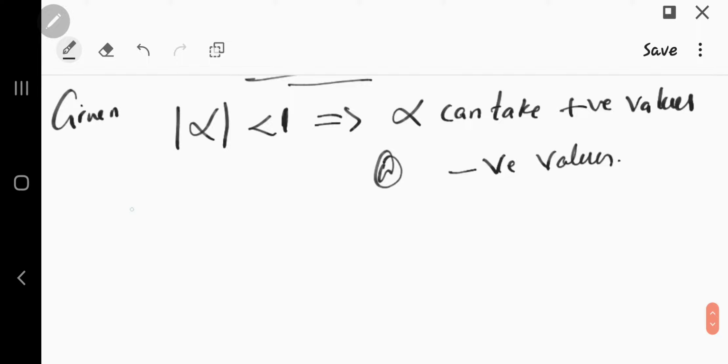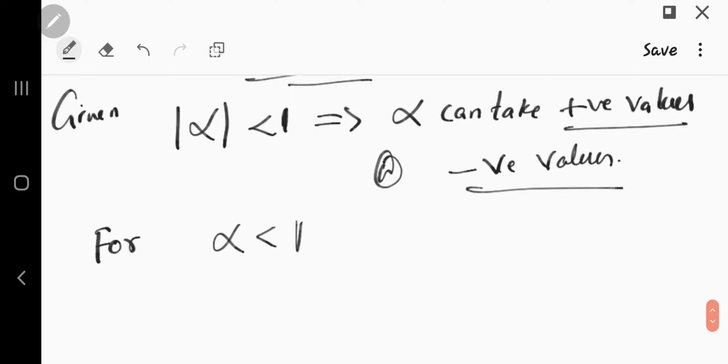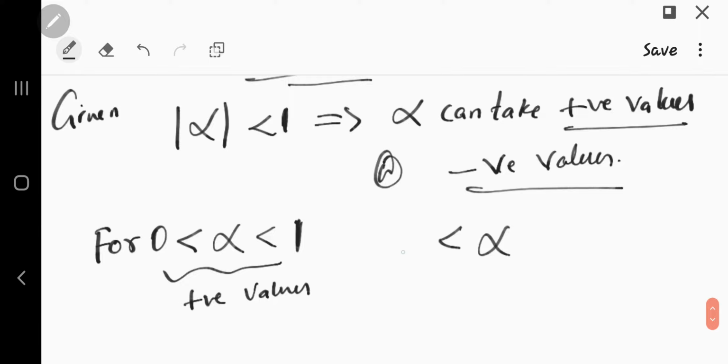So, we have to consider alpha for two different cases, one for positive values, another one for negative values. If you take the values for alpha as positive, so alpha will be less than 1 but greater than 0. So, this is for positive values. If alpha takes negative value, then it means it will be between minus 1 and 0.